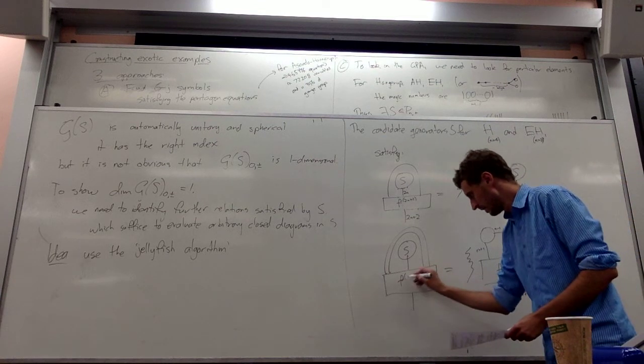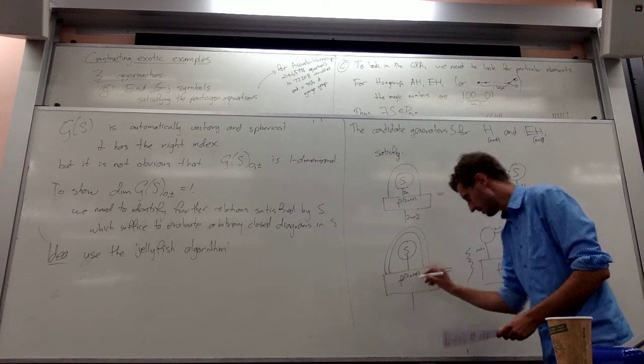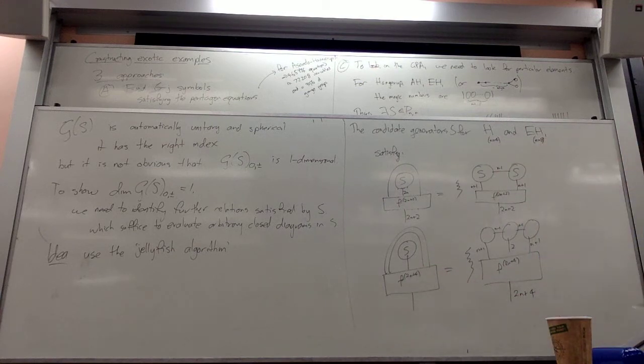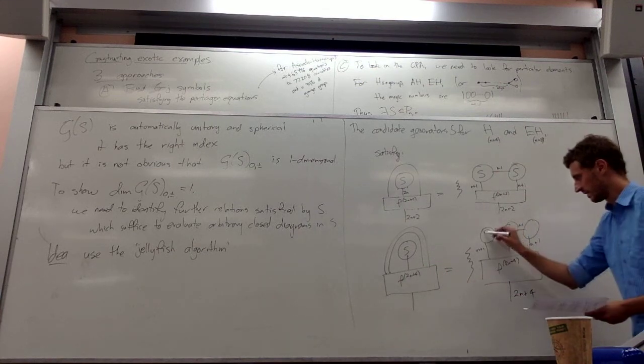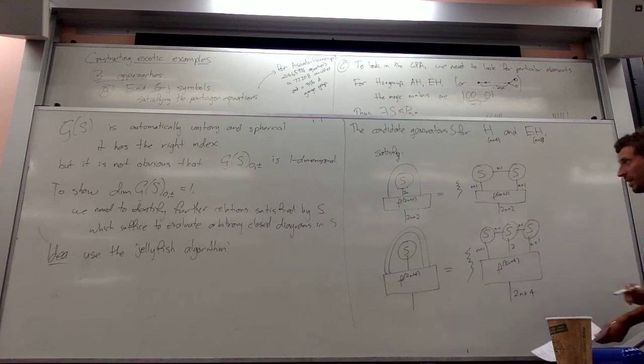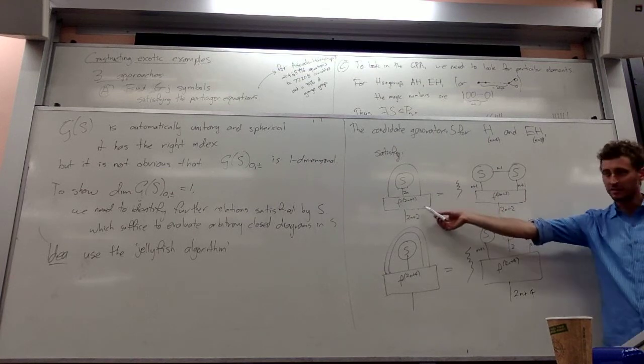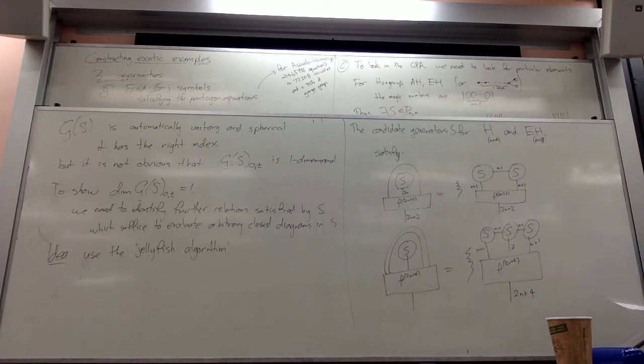Okay. So identifying these relations is actually, well, it's a bit of work, but it's not really the interesting part. The interesting part is what you do with these relations. So I've given you these relations where there are these crazy Jones-Wenzel idempotents on the bottom, because that makes life easier.